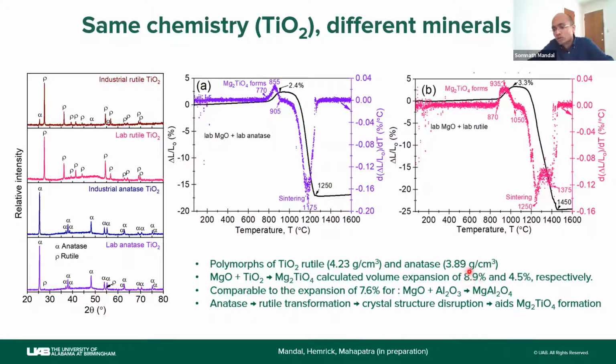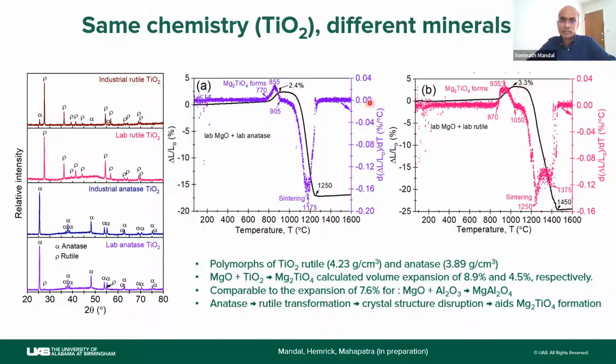So rutile gives you a theoretical volume expansion of 8.9% versus anatase, which is 4.5%, which is reflected in these two dilatometric curves. You can see here that when you use anatase, you are having a 2.4% linear expansion. When you have rutile, the linear expansion increases to 3.3%.